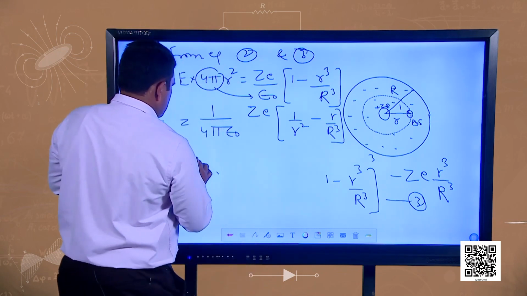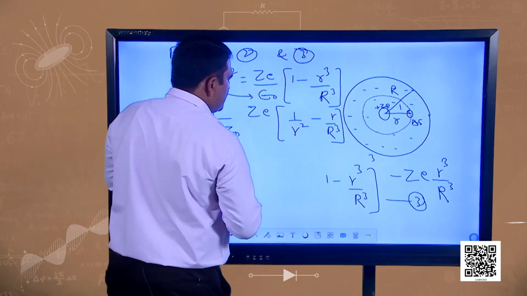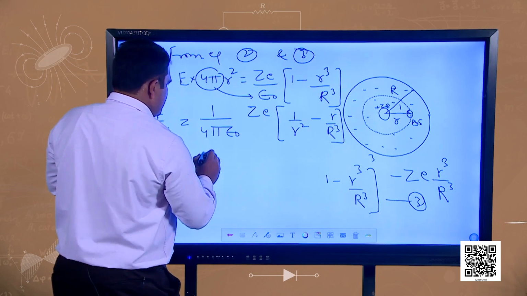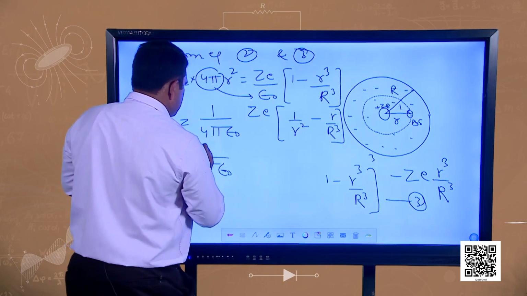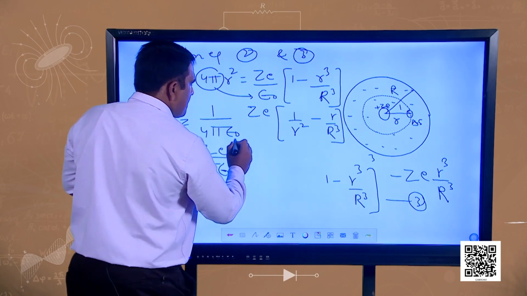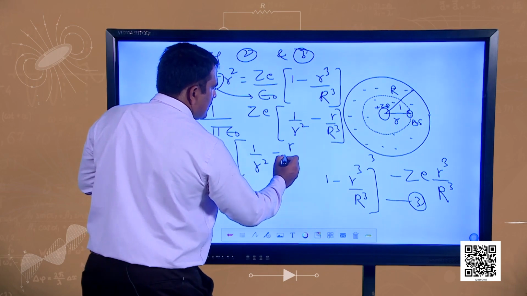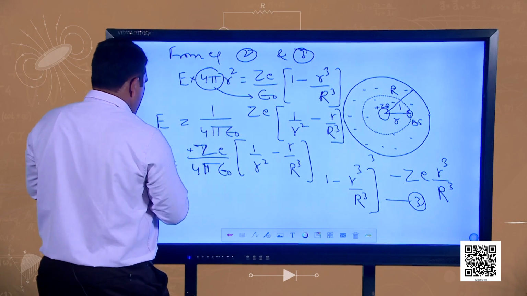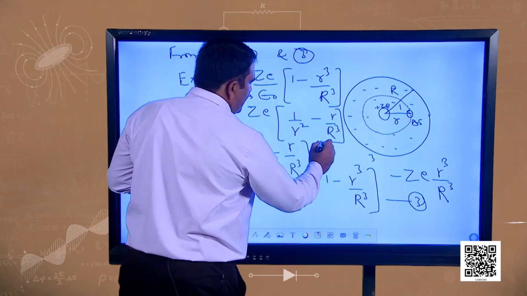This is the final formula for electric field at any point lying inside the atom, and it is directed radially outward. If you want to write it in vector form, we can just multiply it by r cap.